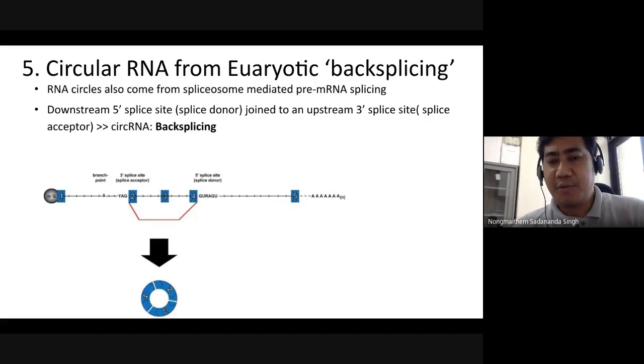What people have found out is that many of these circular RNAs have a functional role, and it's quite a hot topic right now because people don't understand whether this can be just a defect during the splicing, or whether it has a functional role.